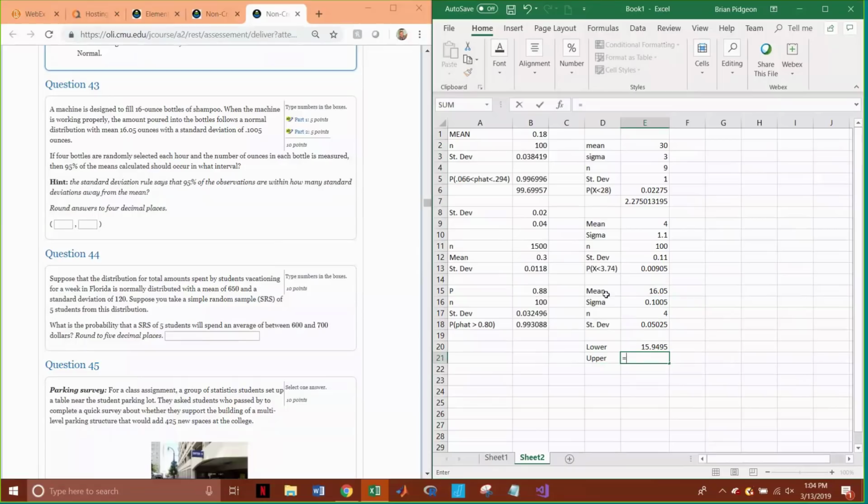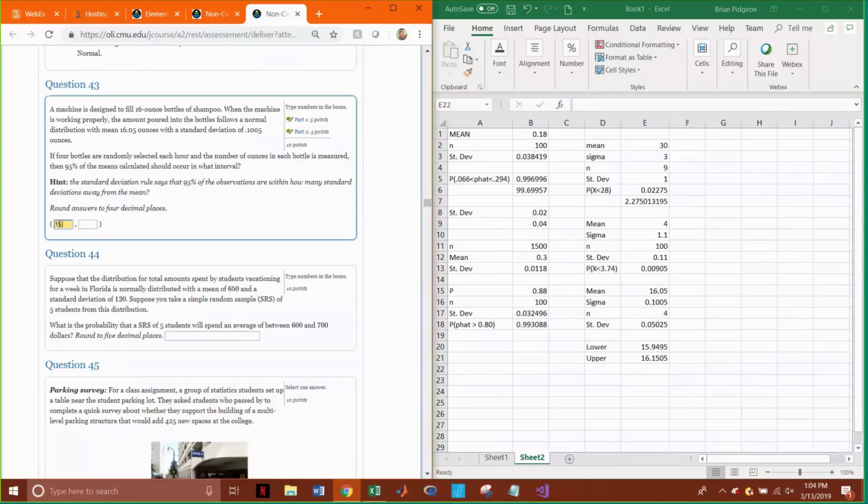And we're going to do the same thing: the mean plus 2 times the standard deviation that we calculated, 16.1505. So 15.9495 to 16.1505. Let me make sure I typed that in right. 15.9495. Okay.